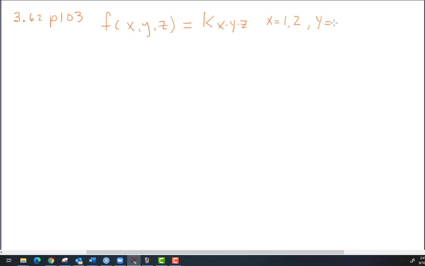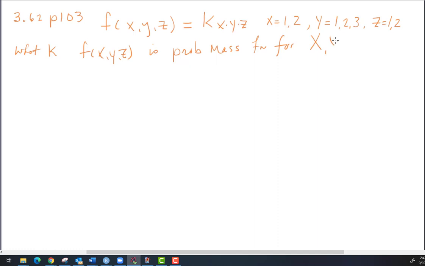Y is allowed to take the values 1, 2, 3. Z can take the values 1, 2. And we have to find the value of k so that f of x, y, z is a probability mass function for random variables X, Y, Z.